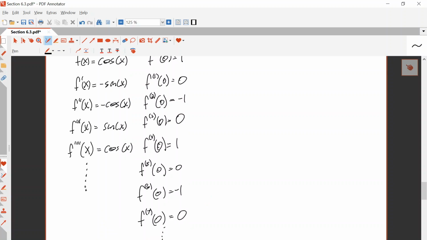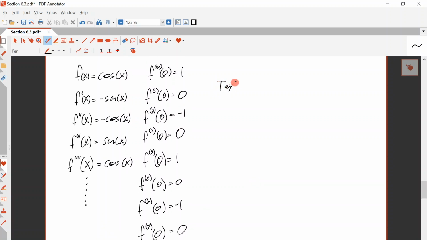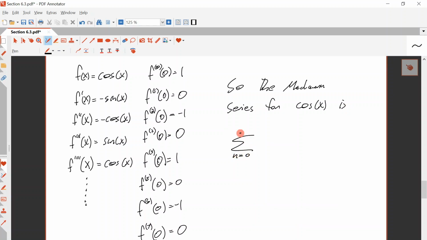So the Taylor series or Maclaurin series for cosine of x is the sum n equals 0 to infinity, f^(n) of 0 over n factorial x to the n, right, where the terms for n odd are 0.